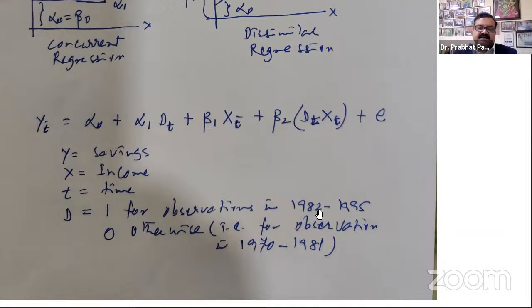We have taken 1982 to 95, the post-event period, as the reference period, and we compare it with the pre-event. The cutoff year is 1981, 82, right? So the data is divided into two periods and the dummy is created for the comparison of the two periods.